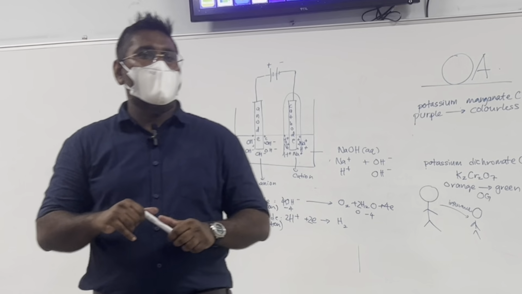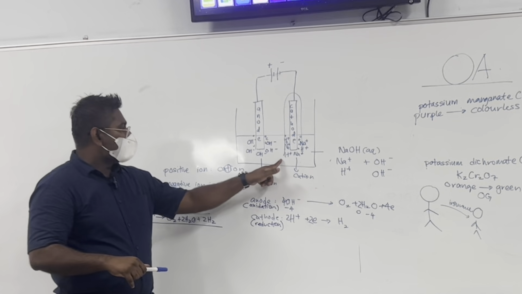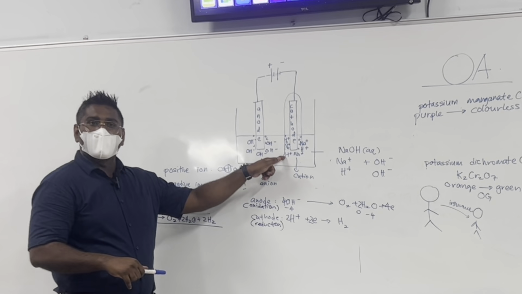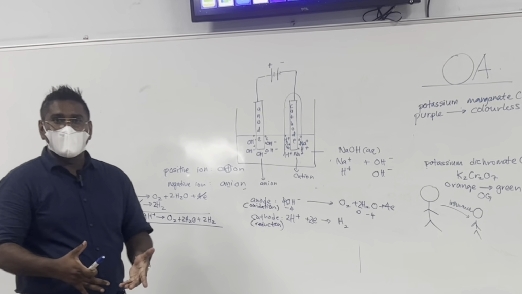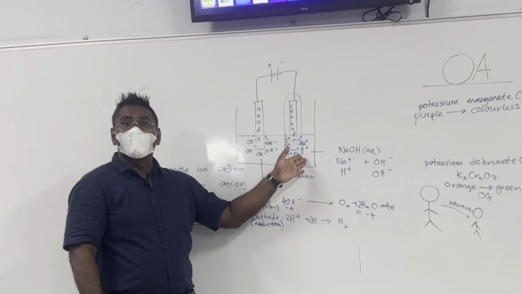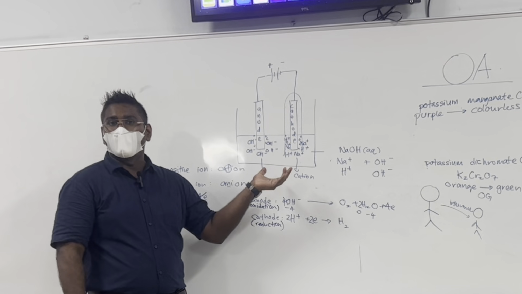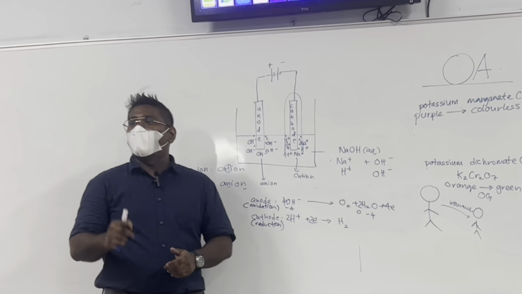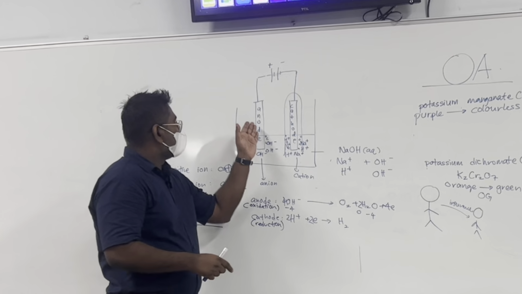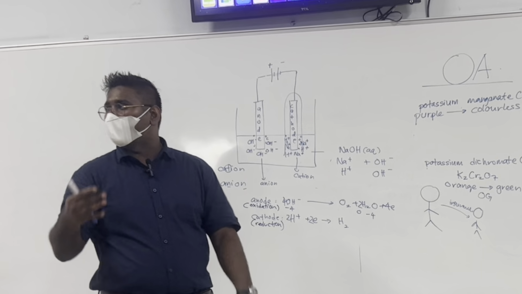But electrons do not swim across. The circuit is connected because of the movement of the ions, because of the electrolyte. But electrons move through the electrode and the external circuit, which is going to be the wire.